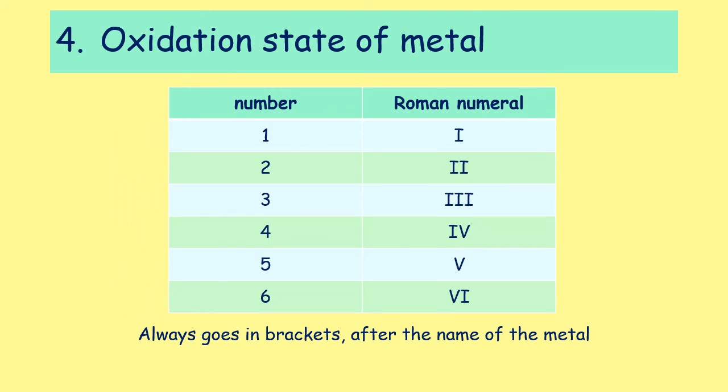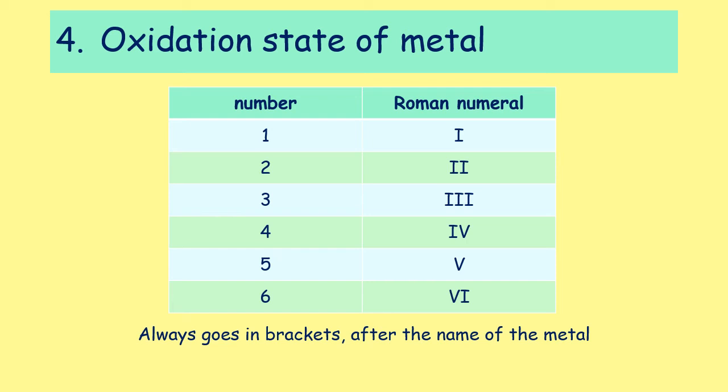The fourth thing, at the very end, is to work out the oxidation state of the metal, and you do that by looking at the charge of the transition metal complex and at the ligands inside it. A lot of the ligands will be neutral, so water, ammonia, carbonyl, they don't do anything to the oxidation state.